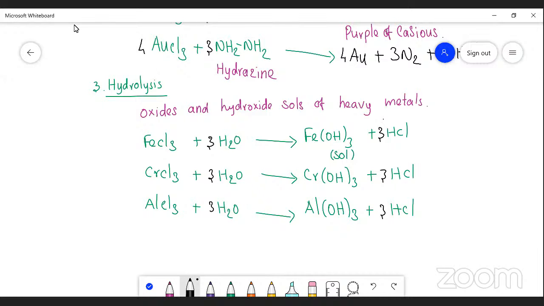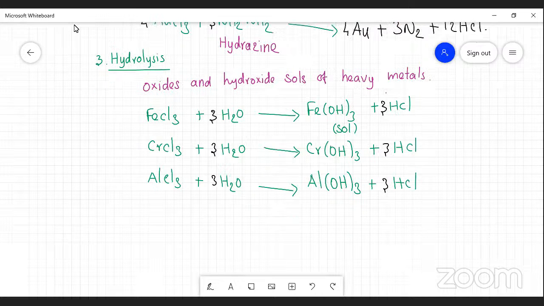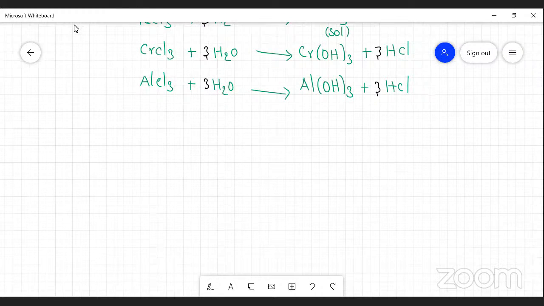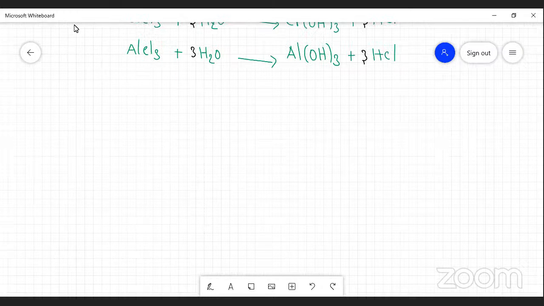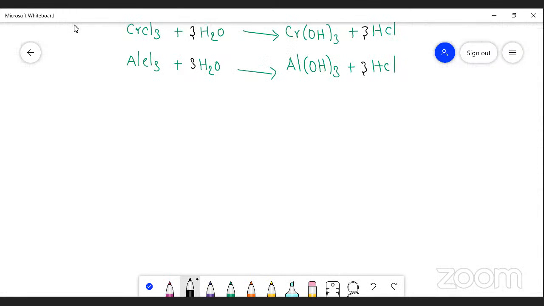The next method, the fourth method, is double decomposition.